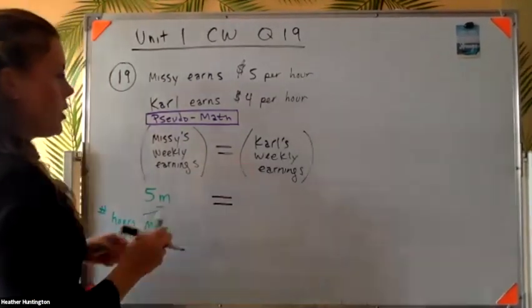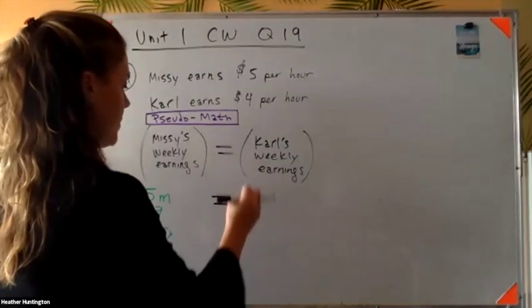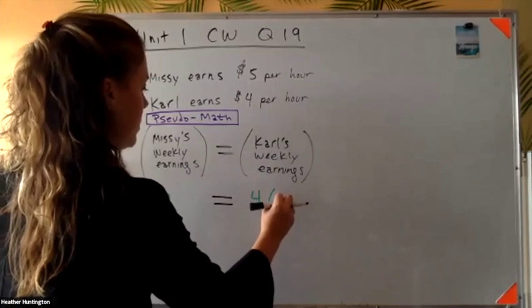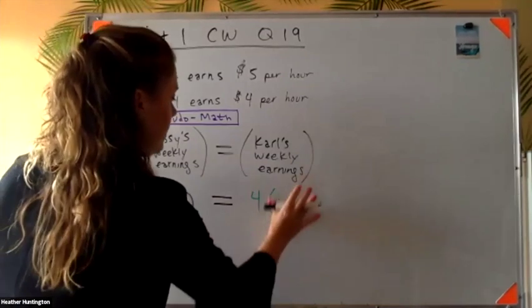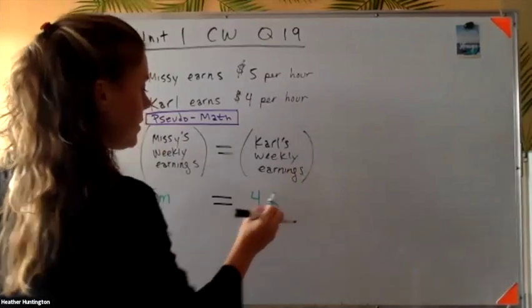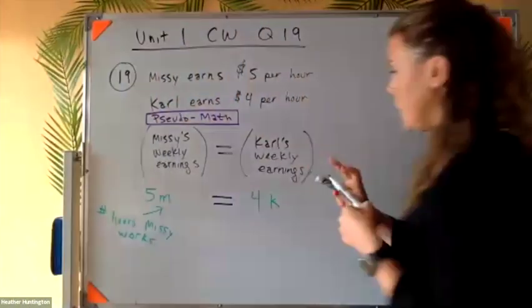Now, how do we measure Carl's weekly earnings? Well, that's going to be $4 times Carl's hours. But they tell us that Carl's hours and Missy's hours are related in some way.